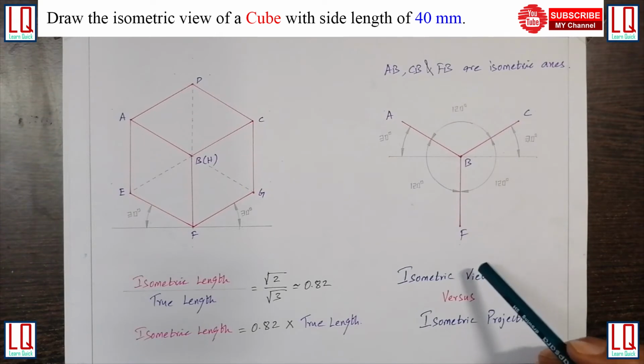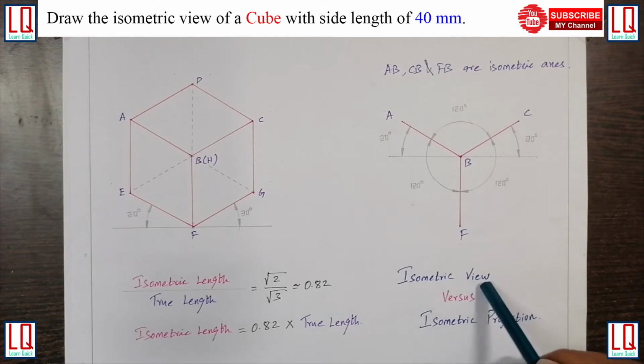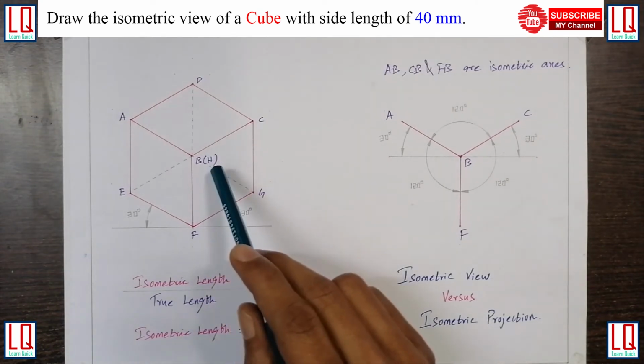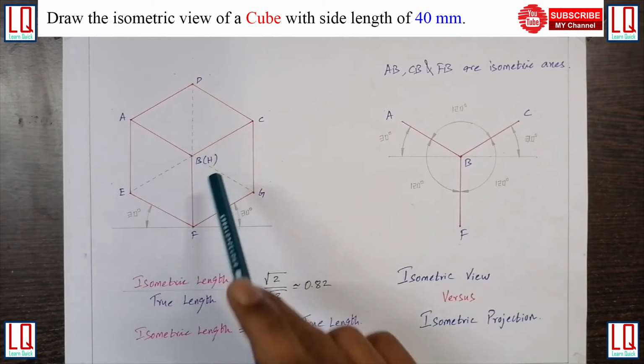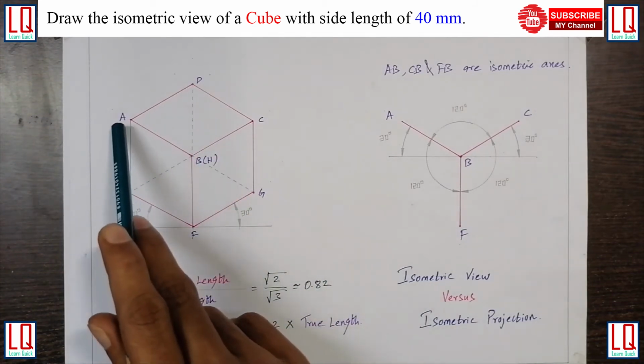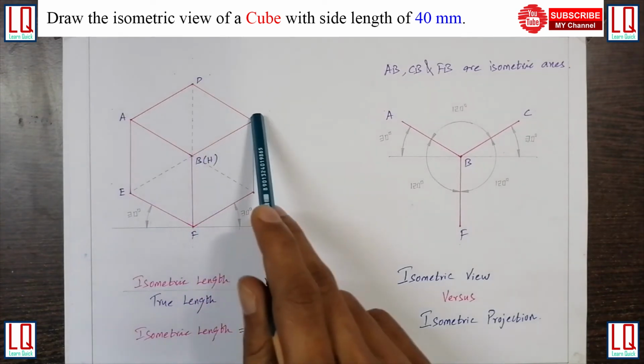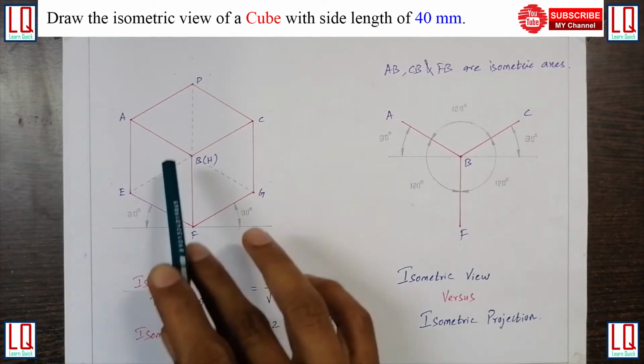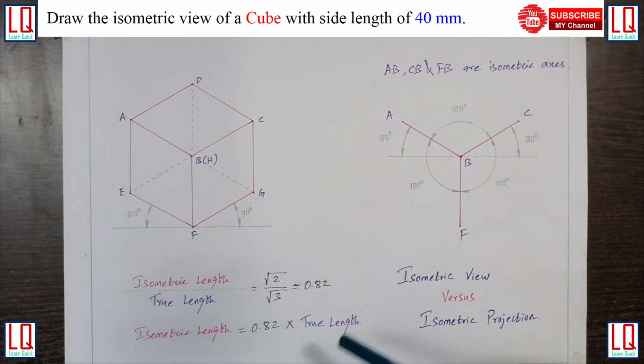If you look into the isometric projection of this cube, you can find the square ABCD looks like a rhombus, but actually it is a square.